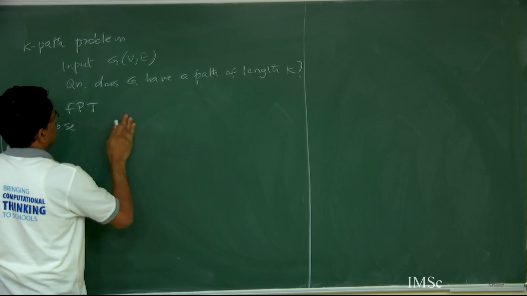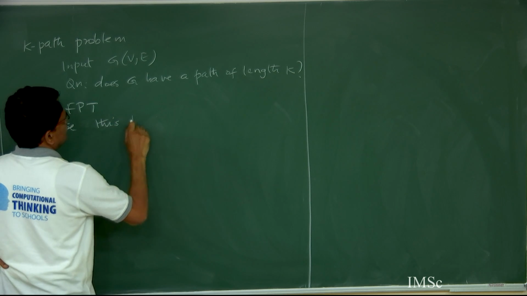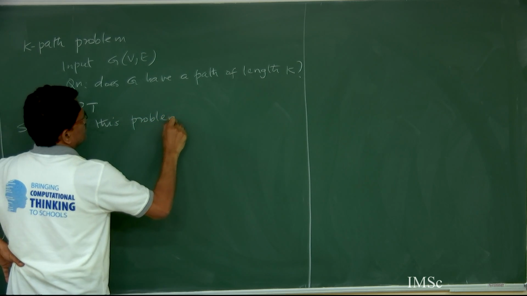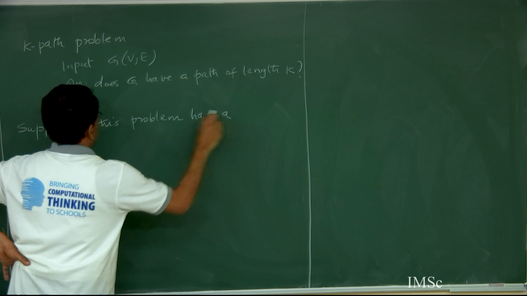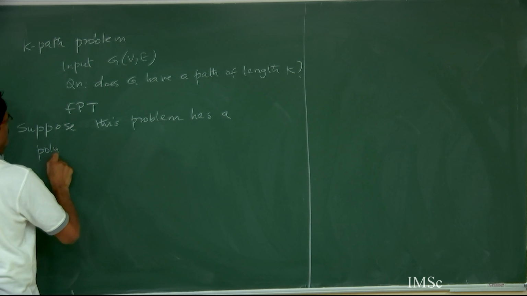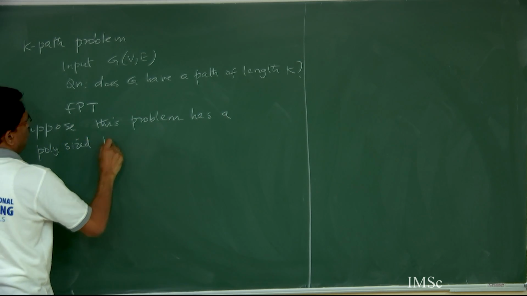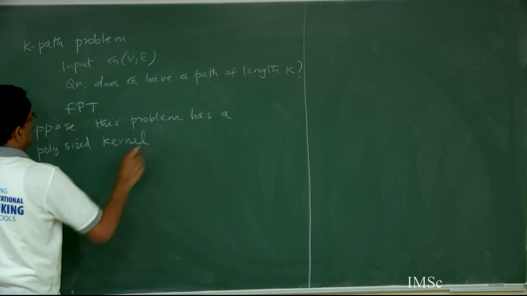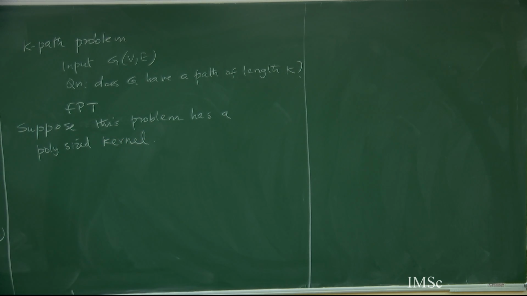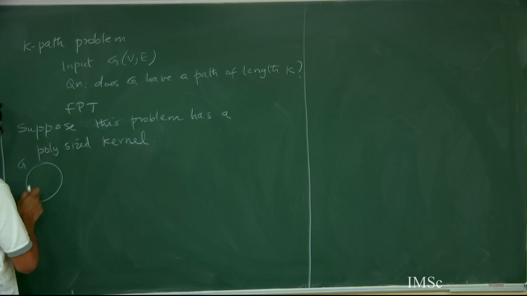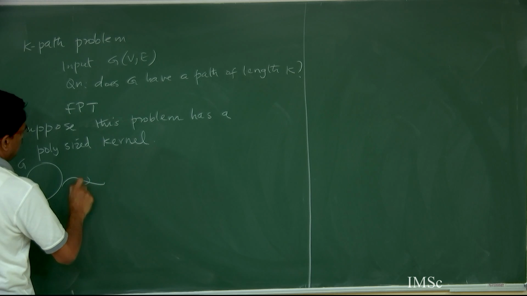Now suppose it has a poly size kernel for this problem. So what does that mean? That you give me a graph G and you ask, is there a path of length k, and in poly time I produce a small graph.